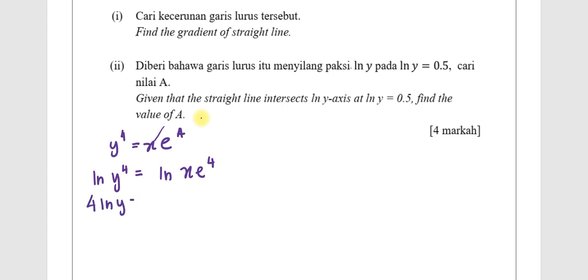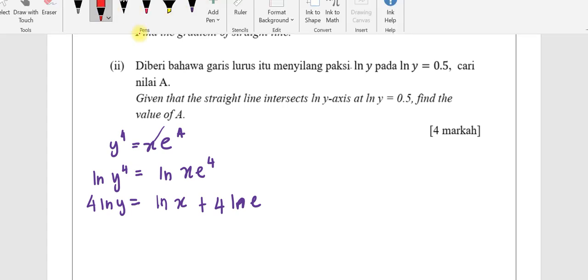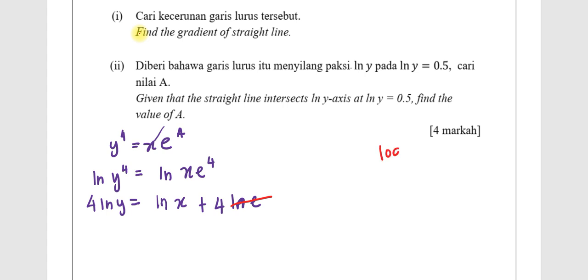4 ln y equals to, ingat dekat power 4 ni untuk e saja, so ln x plus 4 times ln e. Okay, so ingat ln e kita akan cancel sebab ln tu apa dia? Log e. Cancel lah.